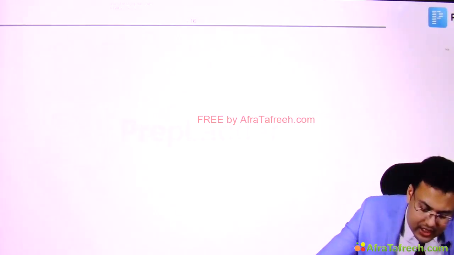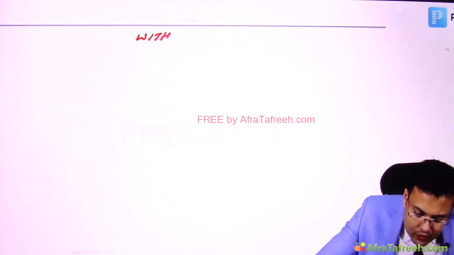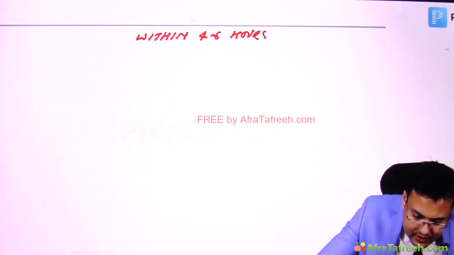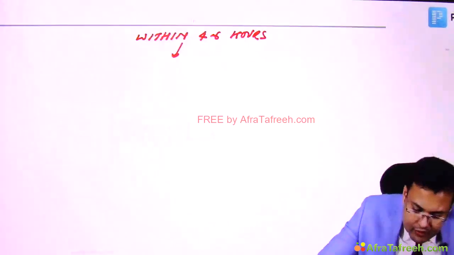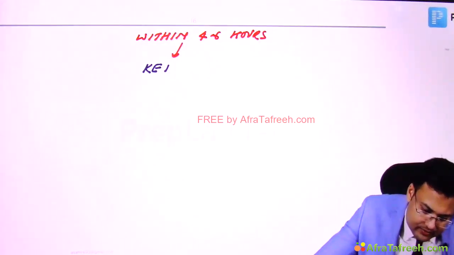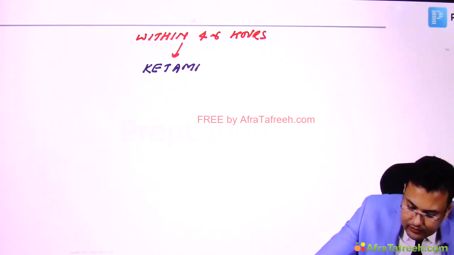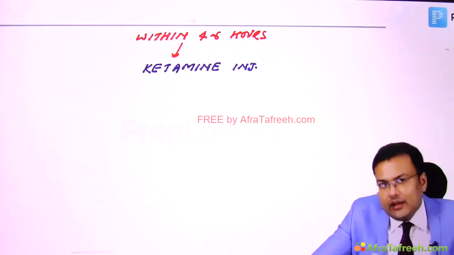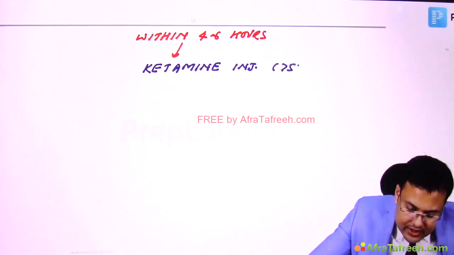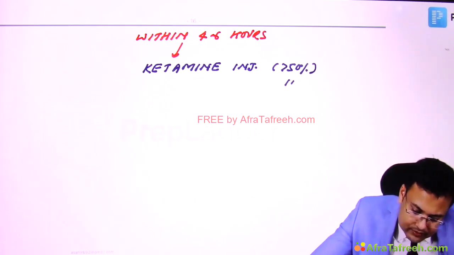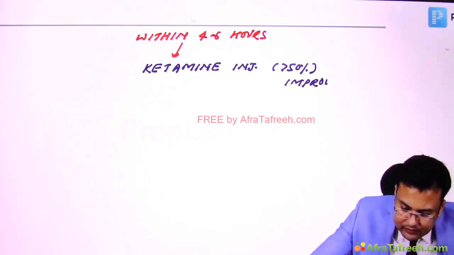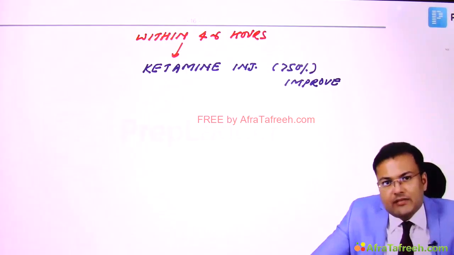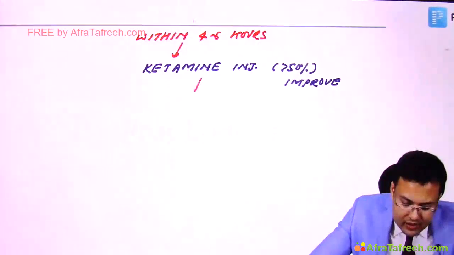So if patient comes within 4 to 6 hours, in these patients we have to go for ketamine injection. Clear? And more than 50% patients improve. Clear? Imagine if there is no improvement in these patients, what's the next step?